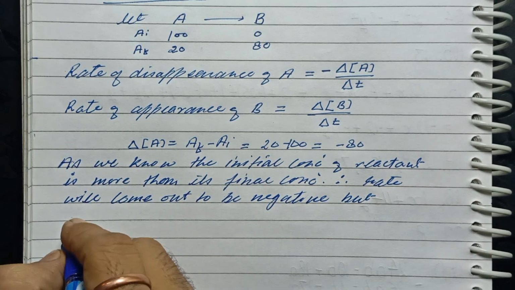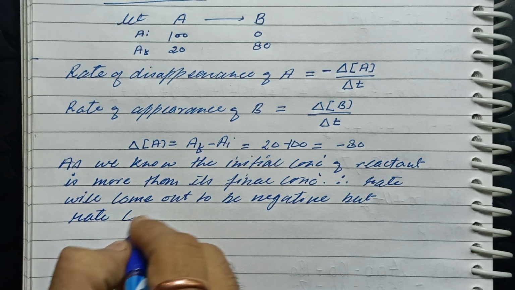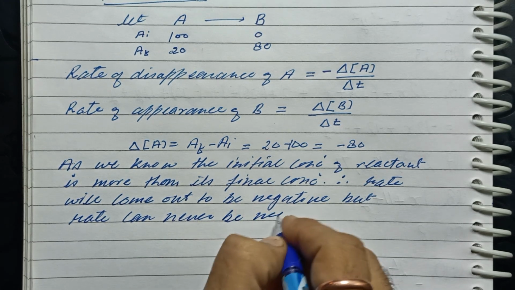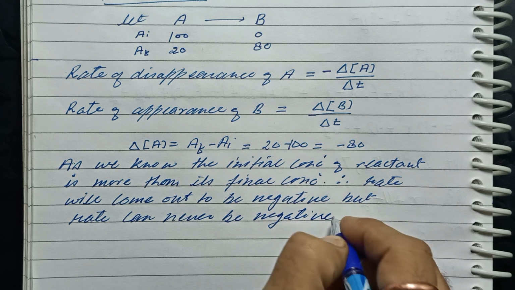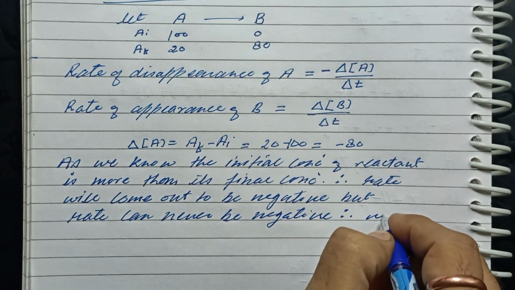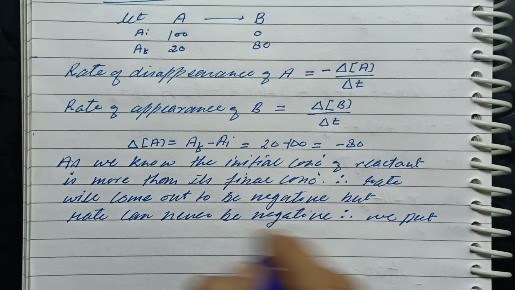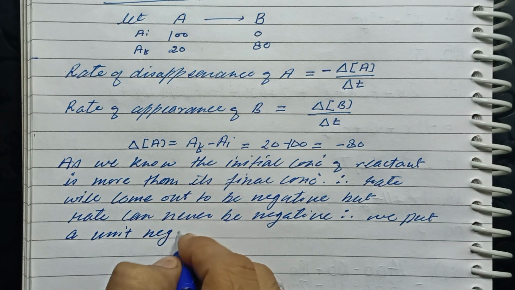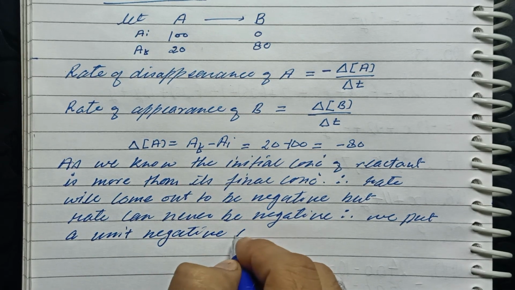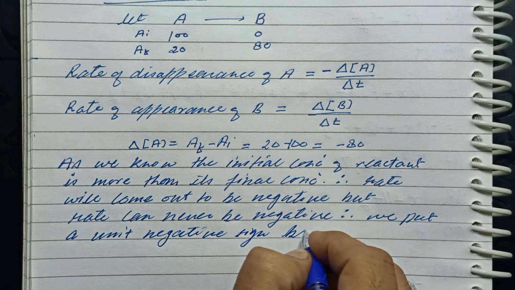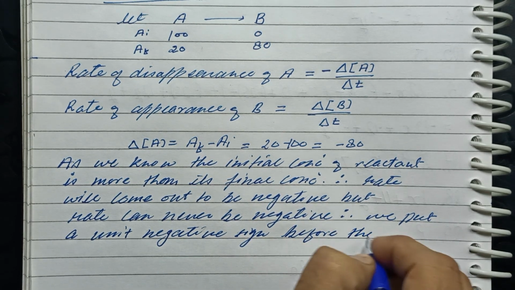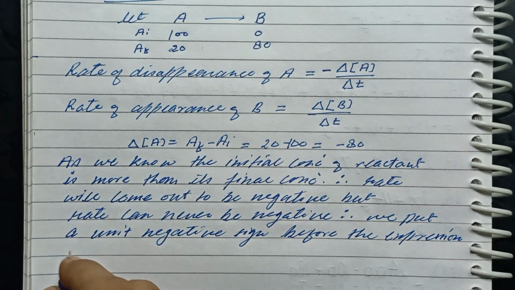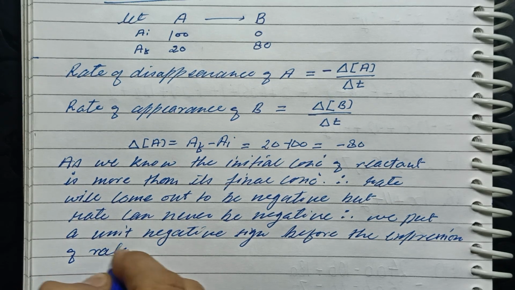But rate can never be negative. Therefore, we put a unit negative sign before the expression of rate of reactant.